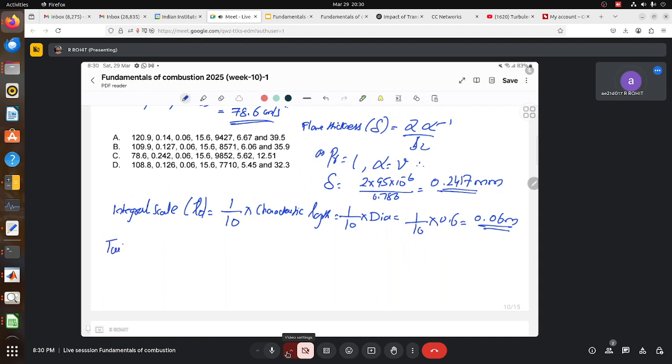Then the turbulence intensity in meter per second, Vrms, can be written as the relative turbulence intensity times the mean velocity of the flow.